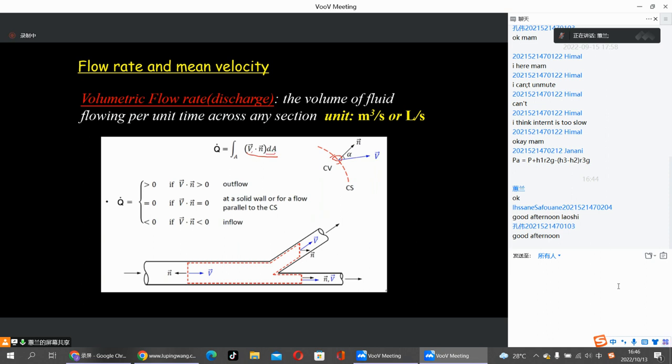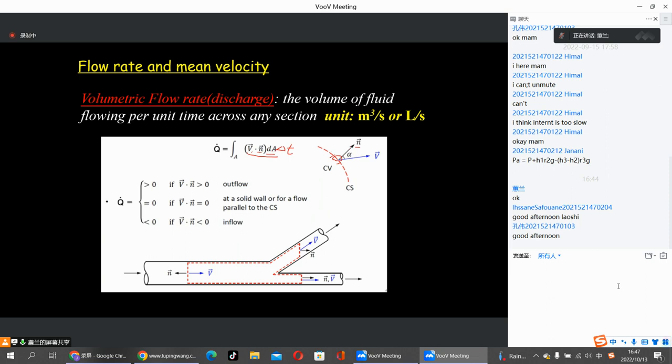dA is actually the area of the differential element, and N indicates its normal direction. The normal direction is defined to be always outward, just like here. So we know in a delta t time period, the fluid volume flowing across this differential element will be V delta t dot N dA, right?